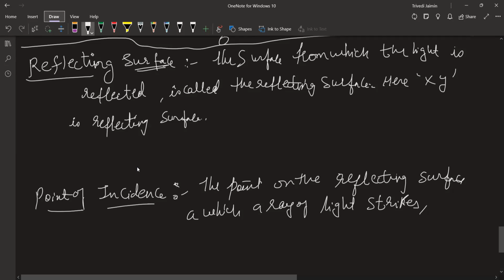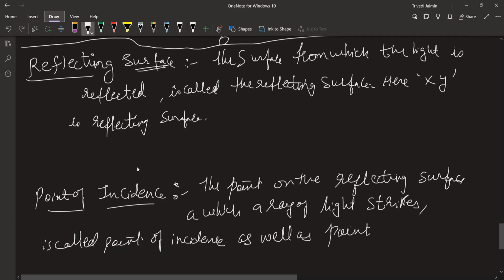So we can combine this here. It is called the point of incidence as well as the point of reflection. We are not going to define point of reflection separately, it is the same point actually.